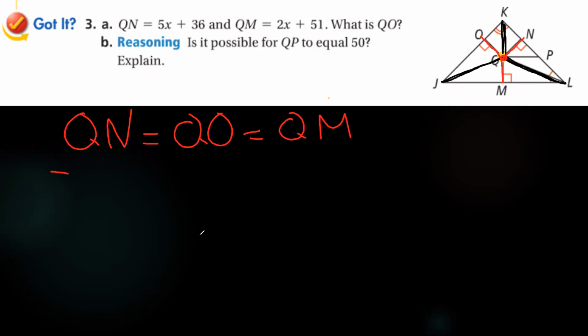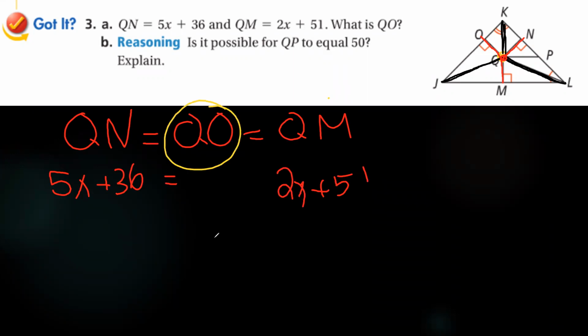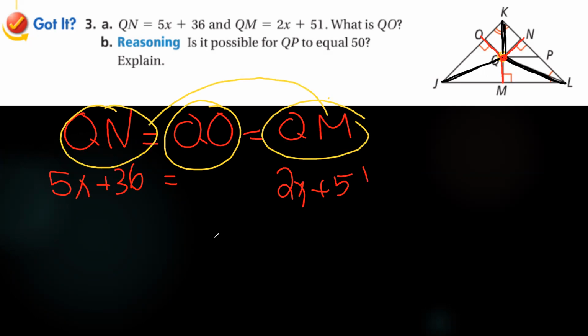If QN is 5x plus 36 and QM is 2x plus 51, what do I need to find? I need to find QO. From my theorem, they are equal in length, so QN will be equal to QM.